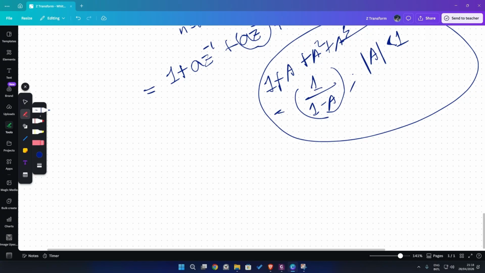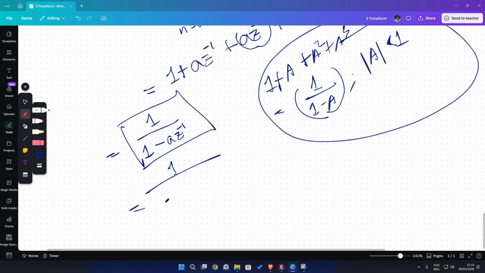So we can write this as 1 by 1 minus the common part, a z^-1. Then we can simplify it to 1 by 1 minus a by z. The z term goes at the top and the remaining at the bottom: z by z minus a. The important part to remember is that modulus of a z^-1 should be less than 1.